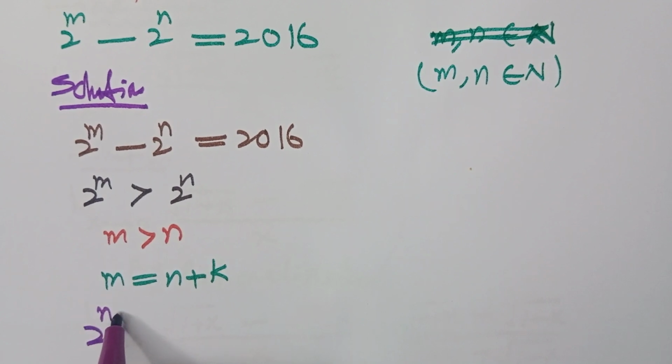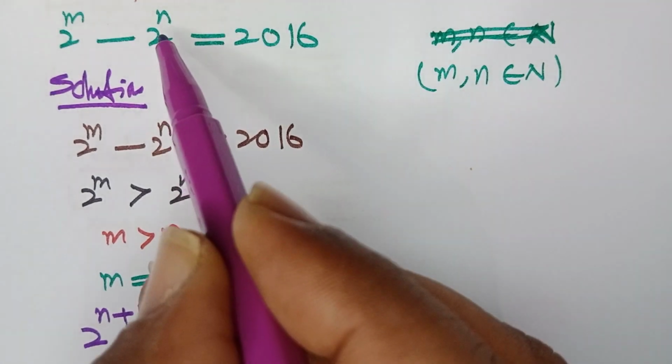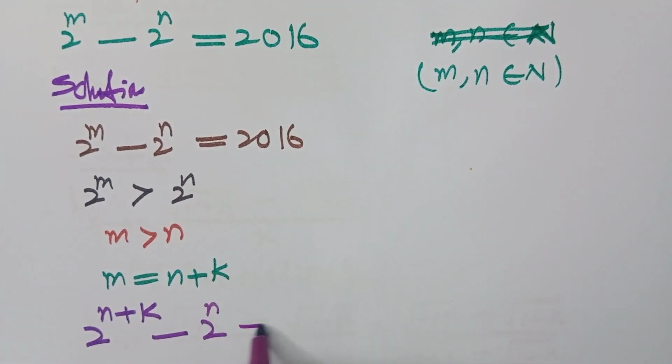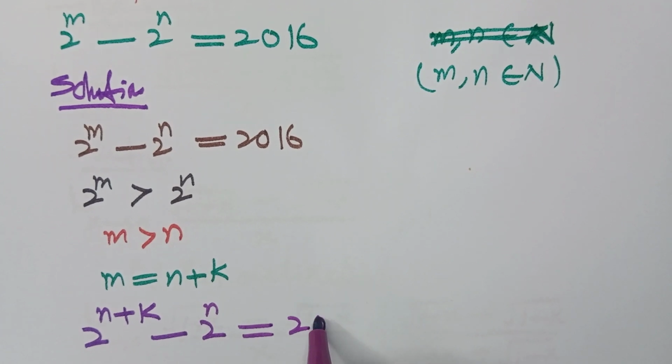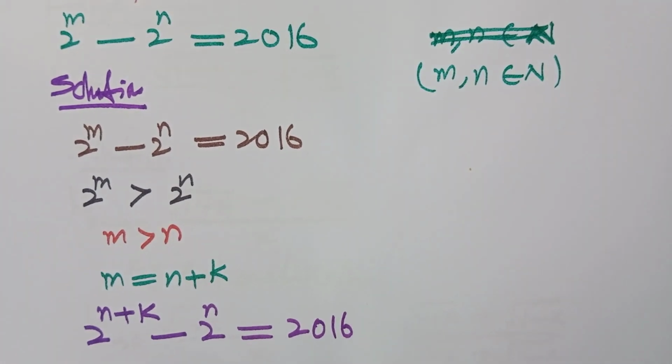So here 2 power n plus k minus 2 power n is equal to 2016. 2 power n dot 2 power k minus 2 power n is equal to 2 power 5 dot 63.